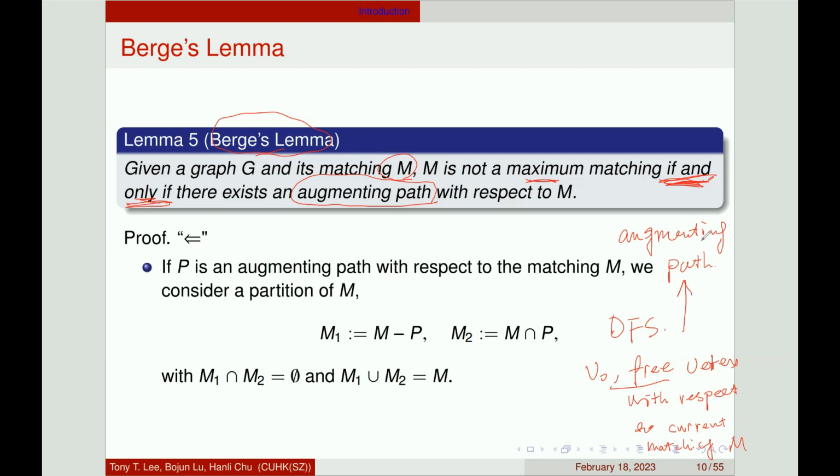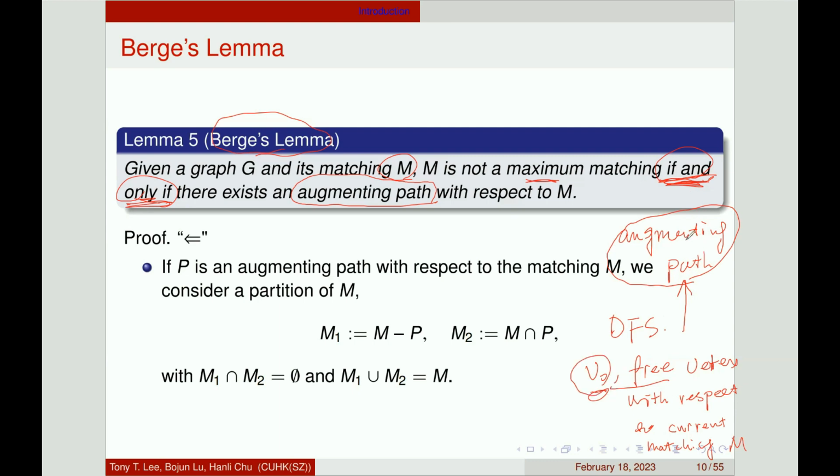We cannot avoid this because this is an if and only if condition. But the key point is that, starting from V0, how can we design a DFS algorithm with just two linear stacks and with a good stopping rule?